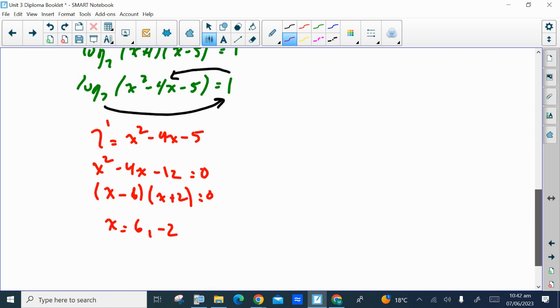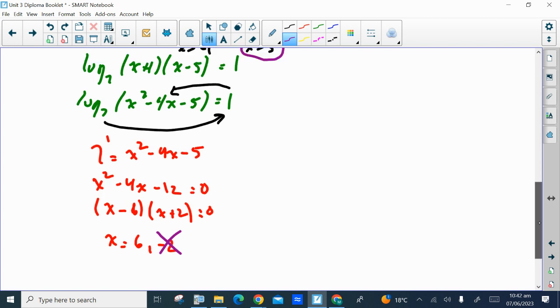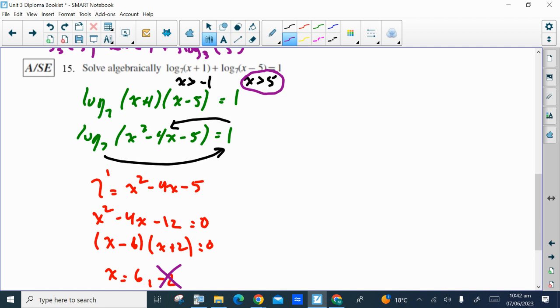So that is why negative 2 is an extraneous root. You have to cross it out or write that negative 2 is extraneous. You have to do something to show that that one doesn't work. And you can also check your answer in the original equation.